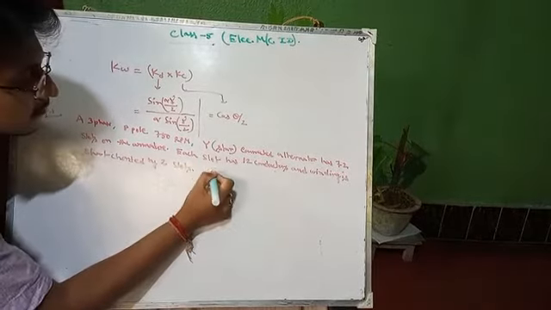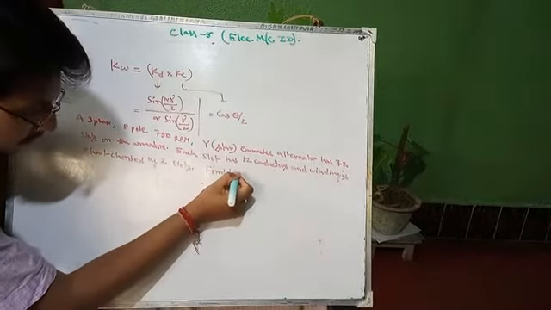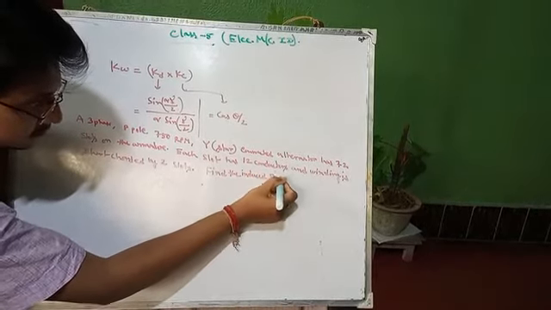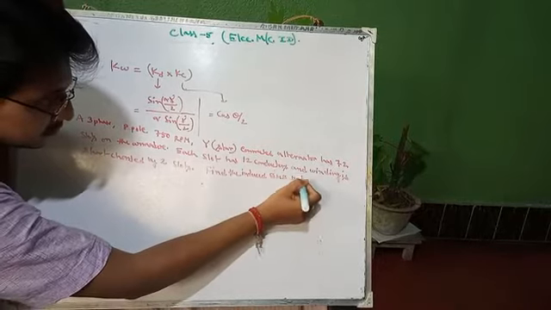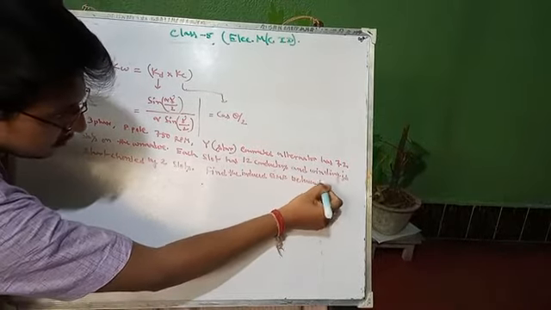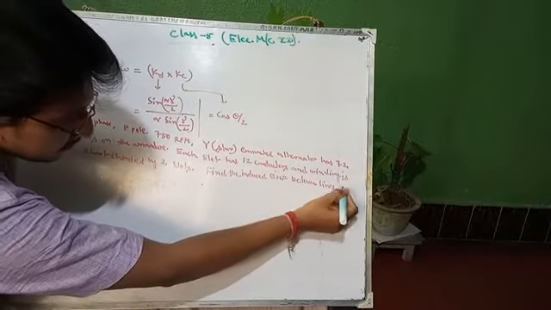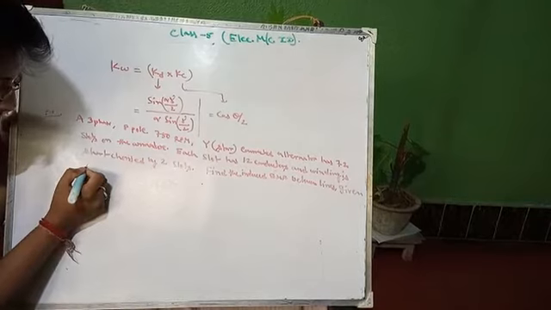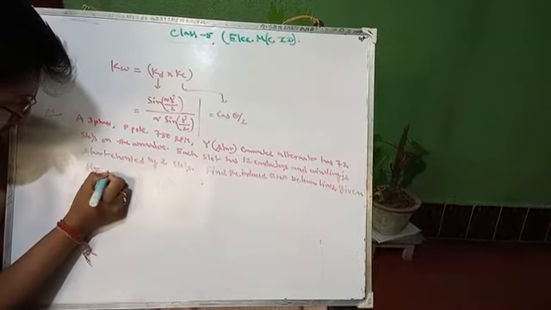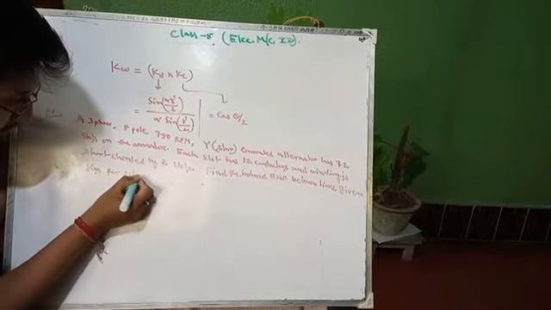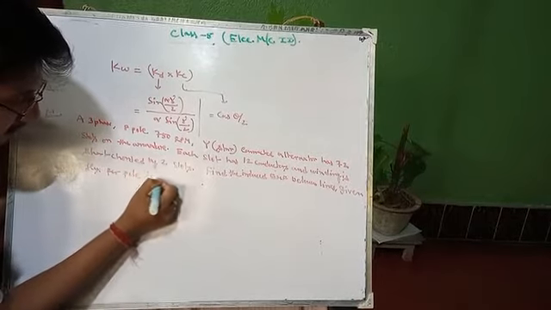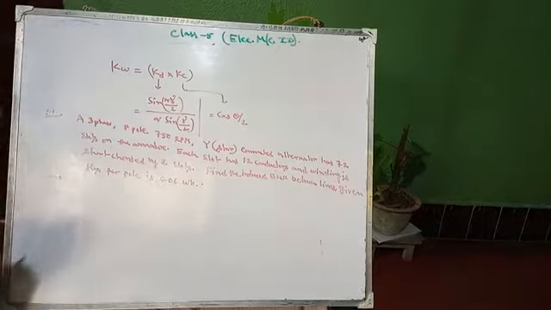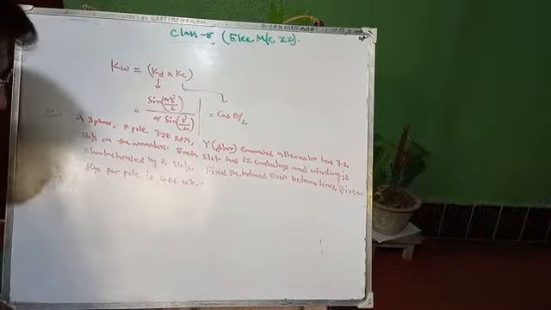Find the induced EMF between lines, given the flux per pole is 0.06 Weber.